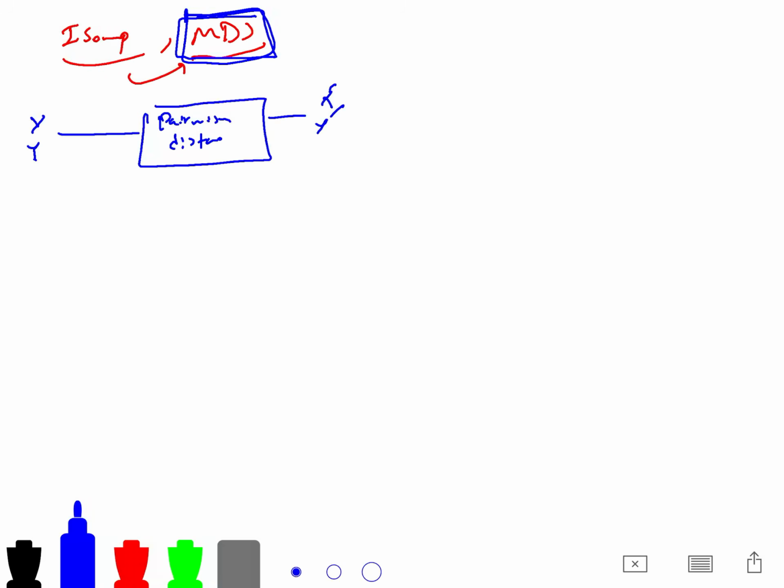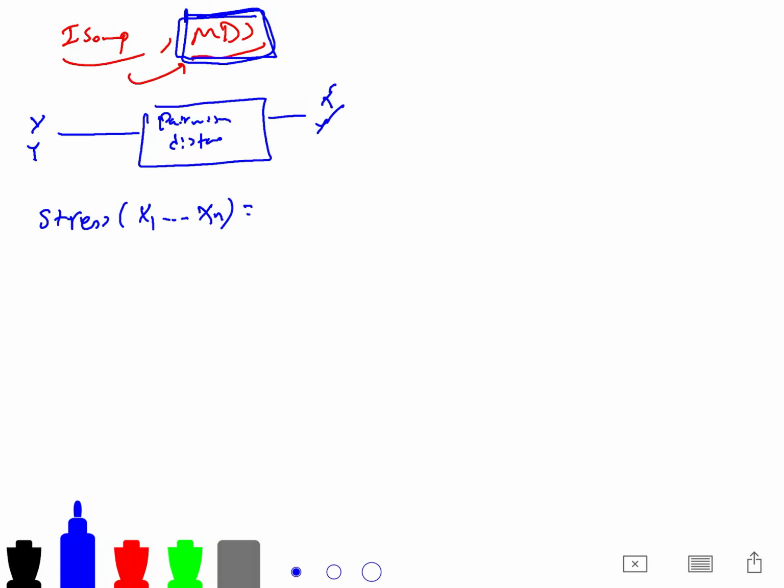So in MDS, we minimize the square difference for the pairwise distance between all training data and projected, which is lower dimensional case. So we define stress of x1 through xn.